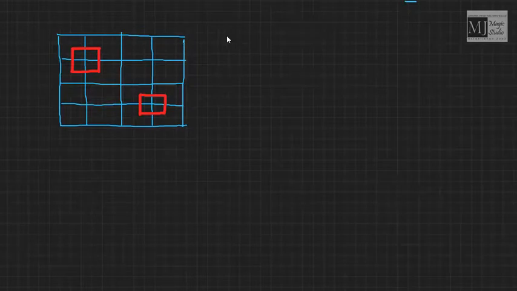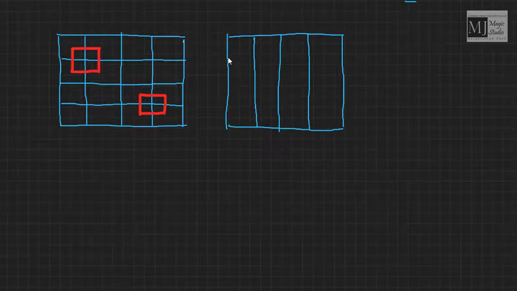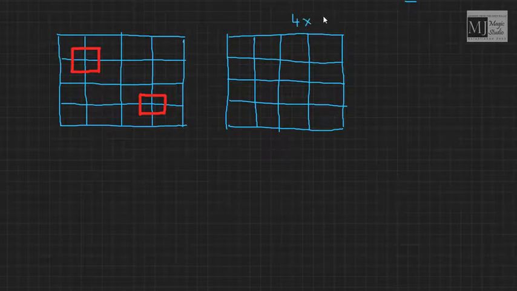So just concentrate on the blue diagram first and leave the red one. Forget that there is anything in red color on your screen. Just concentrate on this. What is this? This is a 4 into 4 checkerboard, isn't it? And how many squares are there in a 4 into 4?